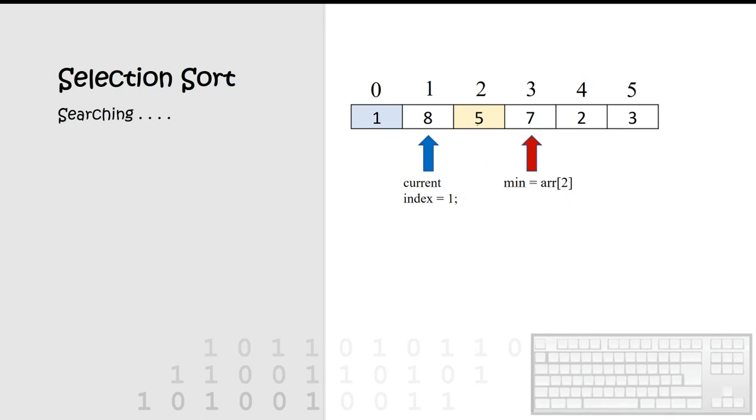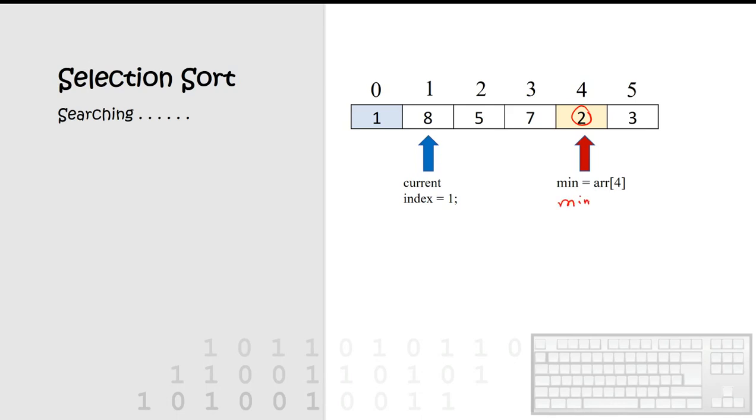Is 7 less than 5? No, so it's not going to change what's stored in the minimum. The minimum is still holding the value at index 2. We found a new minimum. 2 is less than 5, so now the minimum is set to array at index 4.